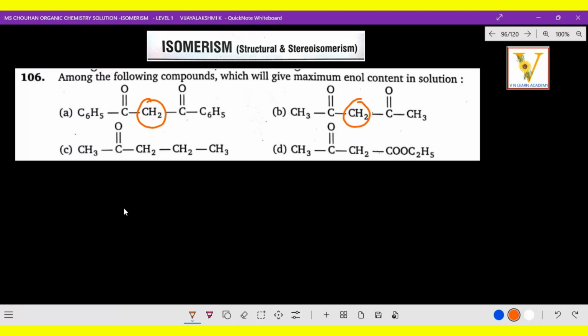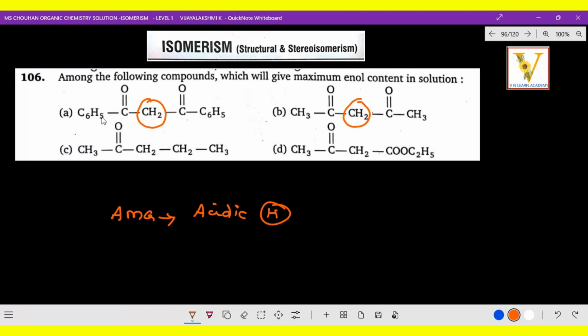So this hydrogen, we can say, is an active methylene group. You know what is the speciality of an active methylene group? It can provide acidic hydrogen, right? It provides acidic hydrogen, so that the resonating structure is resonance stabilized by the carbanion.